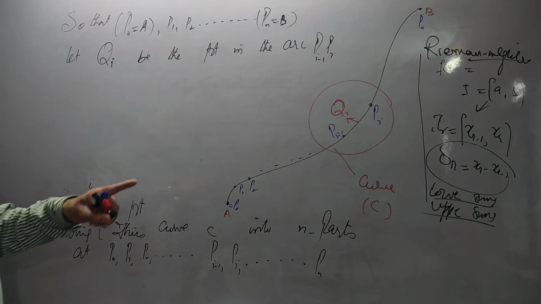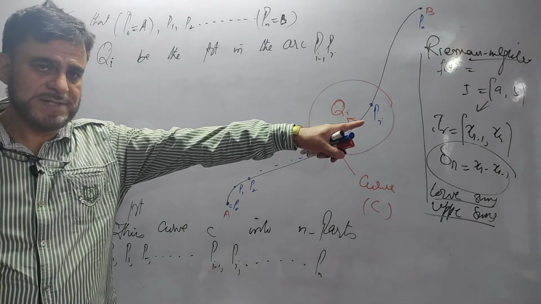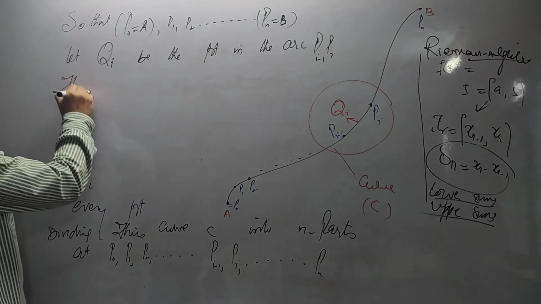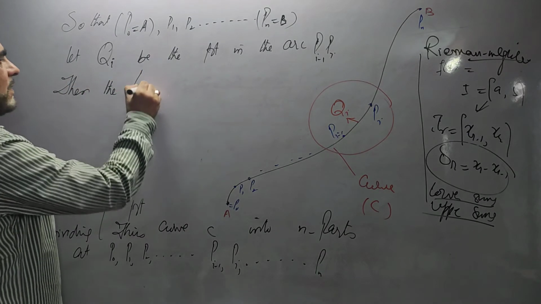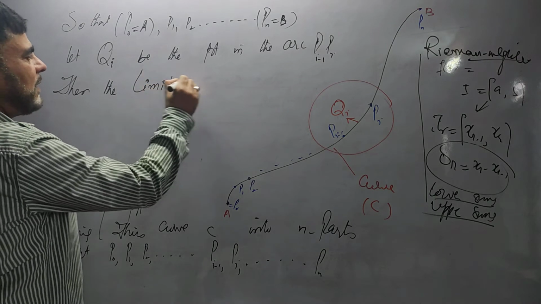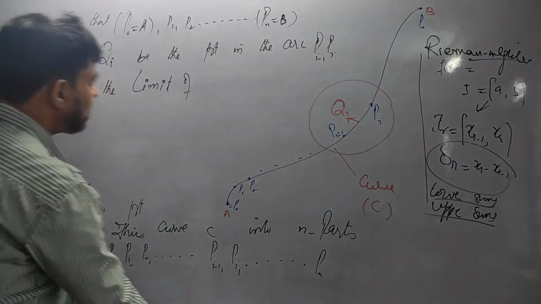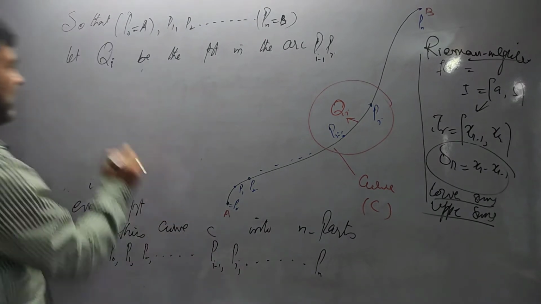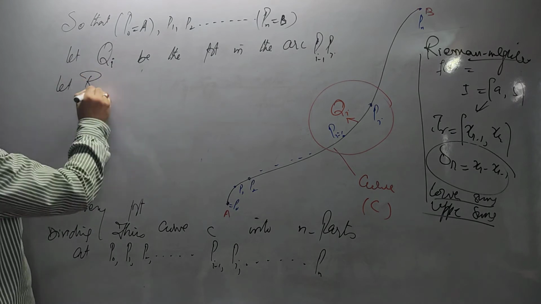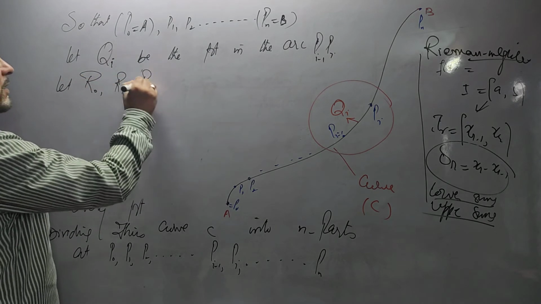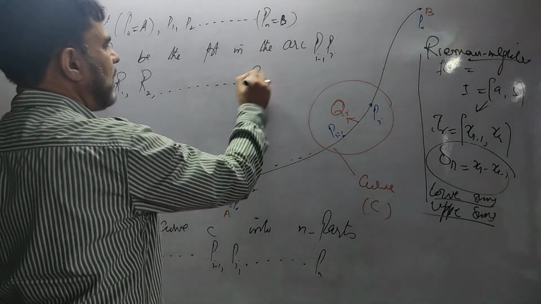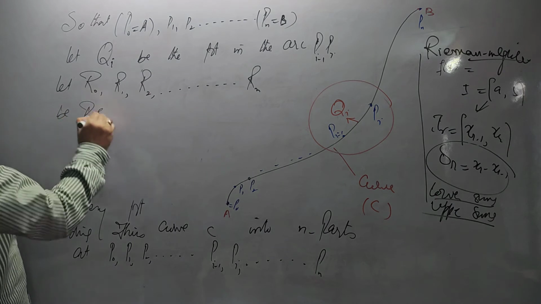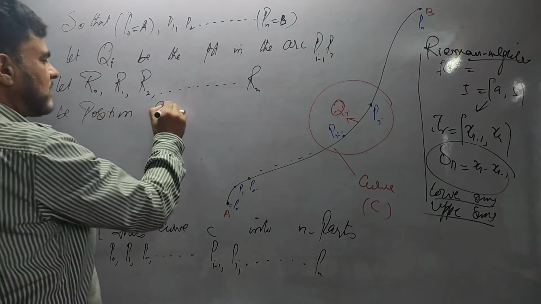Then, as we define in the case of Riemann integration, the limit of the sum. Yes, further we need one more thing. We write, let R0, R1, R2, Rn be position vectors.